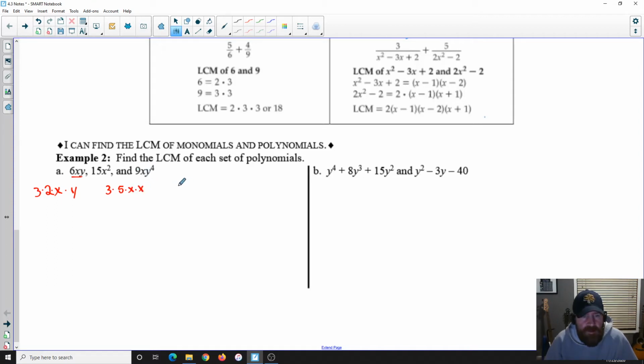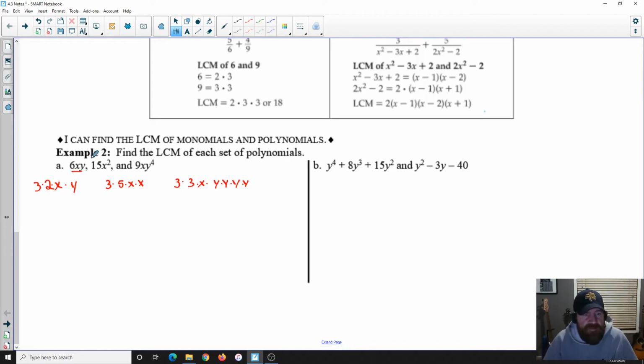And then this one would be 3 times 3 times x times y, so 4 y's. Okay, now some of you are going to be able to skip this step, but for right now, let's just write them all out.